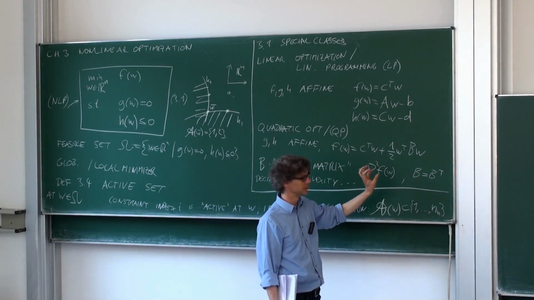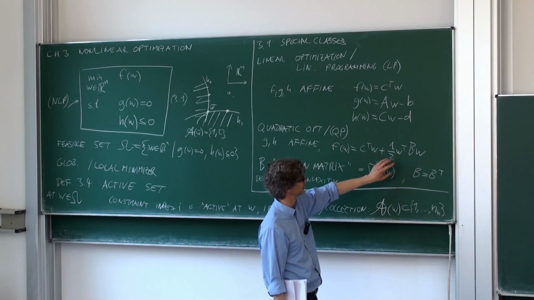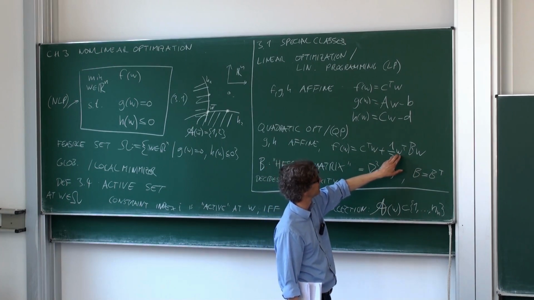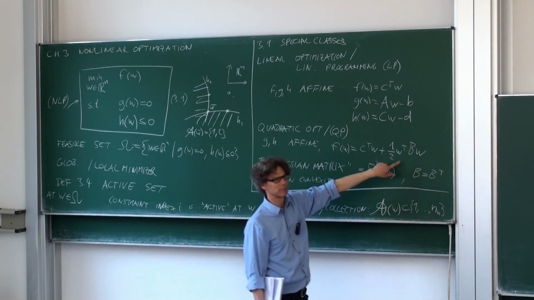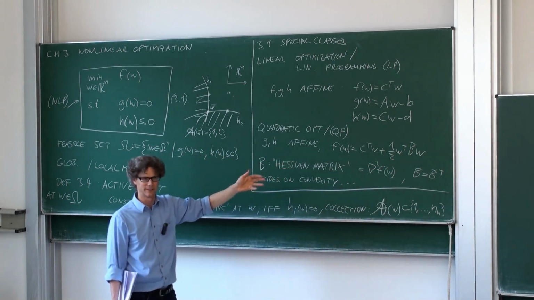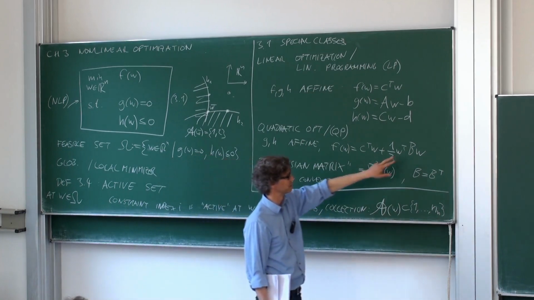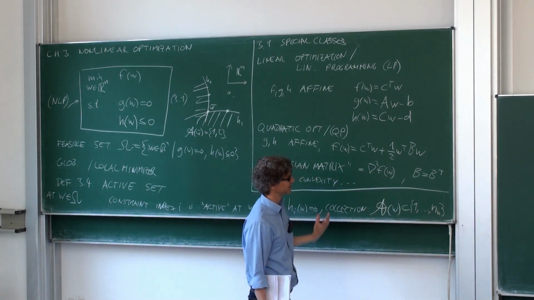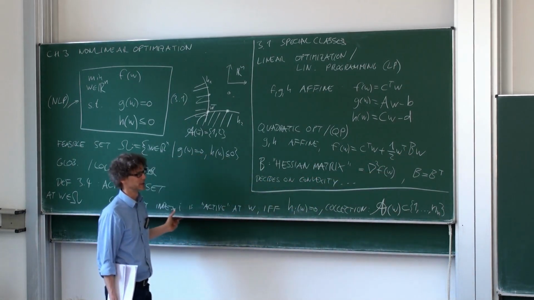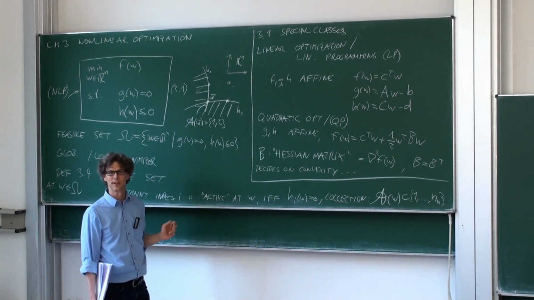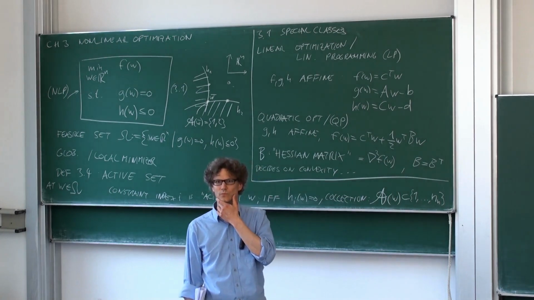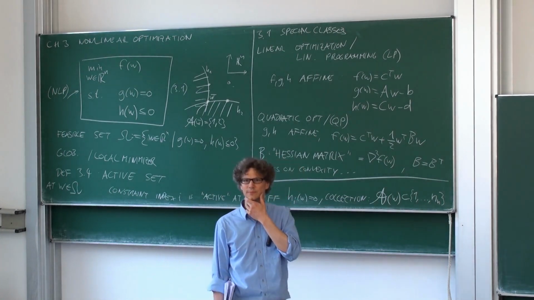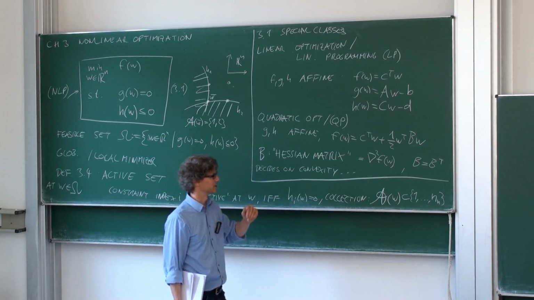I mean, second derivatives will be symmetric because this operation where you multiply it from left and right with a w actually makes the non-symmetric part of the matrix B anyway not survive. So it's only the symmetric part of the matrix B that will matter, and therefore you can directly assume it to be symmetric. Yes? Doesn't it also follow from that f of w is twice differentiable? Yes, exactly.